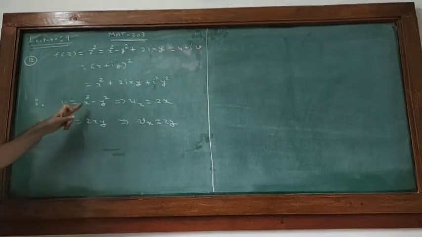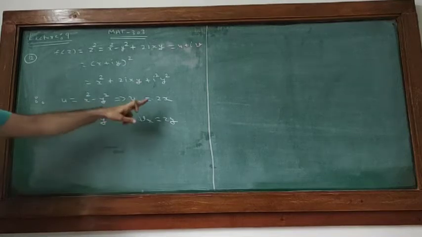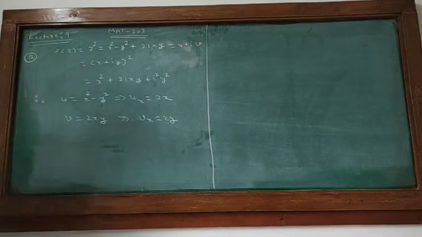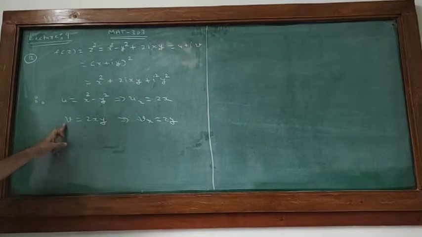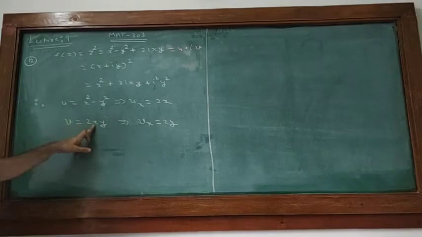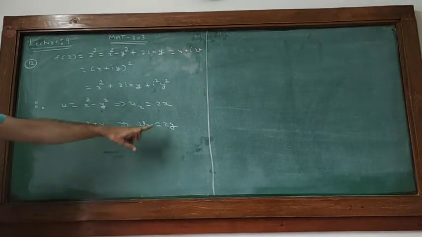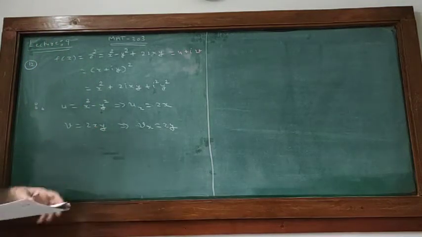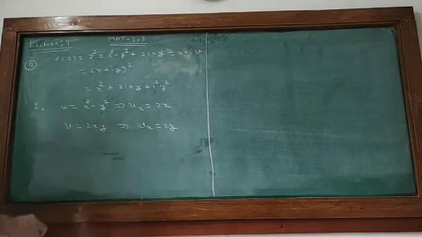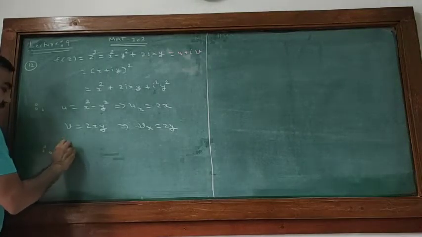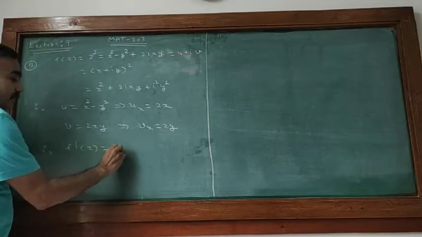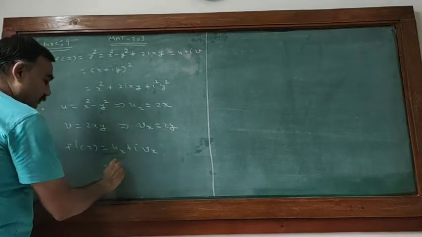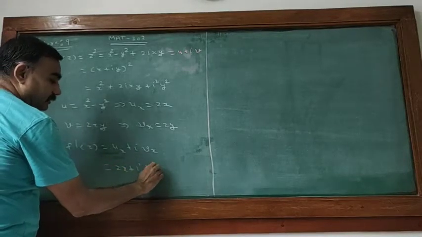Differentiation of u: x square goes to 2x, and y remains constant, and therefore y square is constant and does not appear. For v, 2y is constant and differentiation of x with respect to x will be 1, and therefore it is 2. Now as per the previous theorem, by the Cauchy-Riemann theorem, f dash z is u_x plus i v_x, and therefore this is equal to 2x plus i 2y.